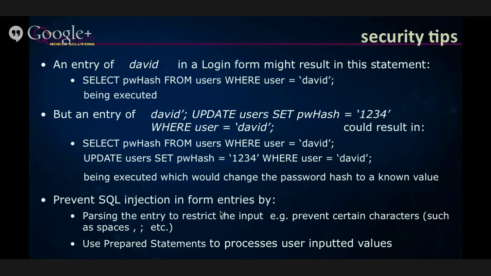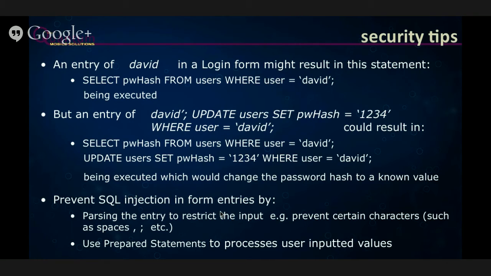Well, now when it runs this, it's actually running select password hash from users where user equals David, great. Update user set password hash 1234 where user equals David. So now that will set the password hash to a known value, which means that an attacker can now get in. They know the username. They know what the password is going to be now, because they know what the password hash is going to be, because they've generated that in advance, and now they have access to that account.